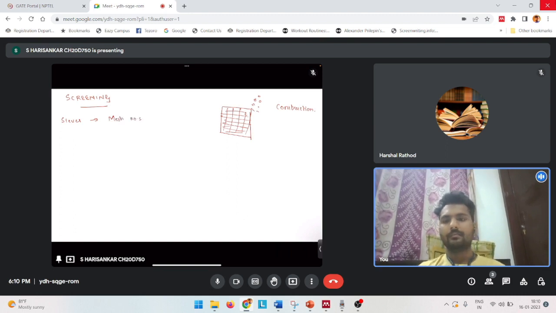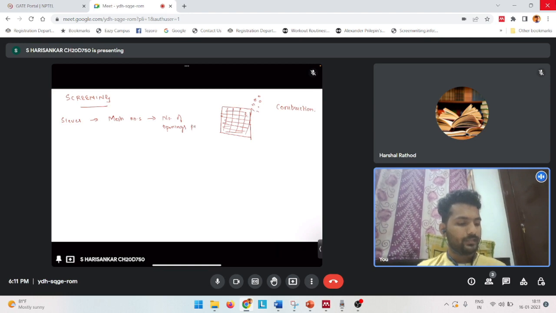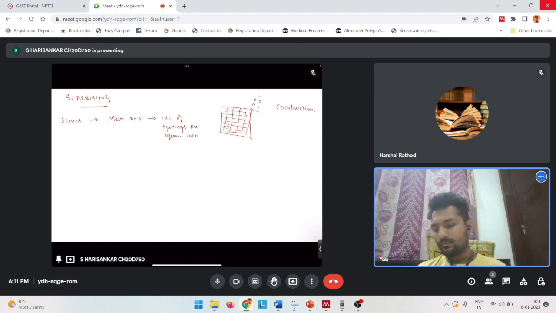And we defined mesh number, which is basically the number of openings per square inch. So now let us look into a term called effectiveness of a screen.